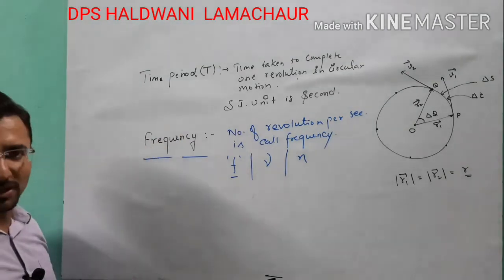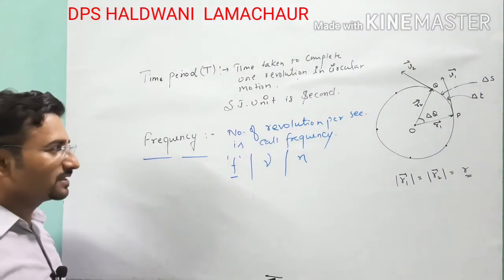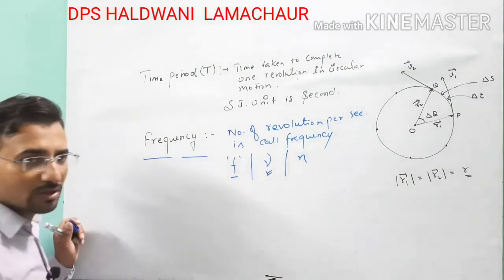So these are the symbols which you will face to represent frequency. Here I am representing it by this mu term.